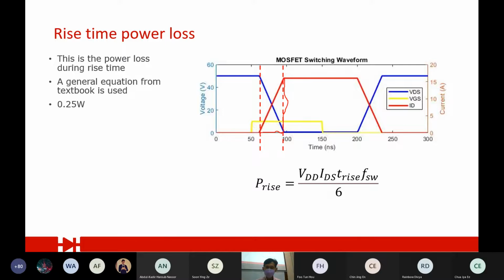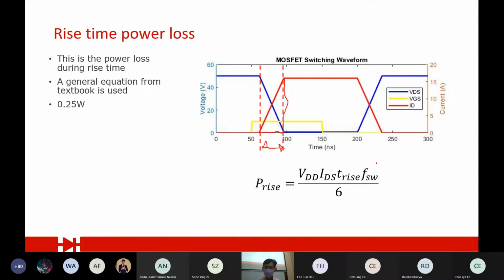It depends on your rise time. If your rise time is shorter, the angle will be steeper. Different textbooks give you a bit different, not totally different, equations. So I choose to use this more general equation that can approximate most of the rise time.